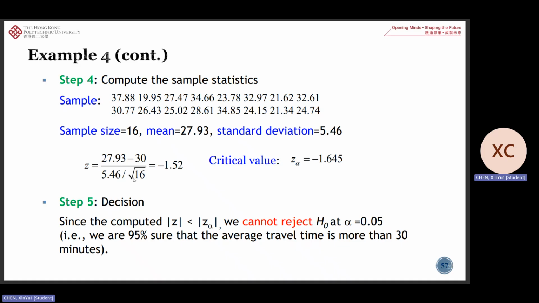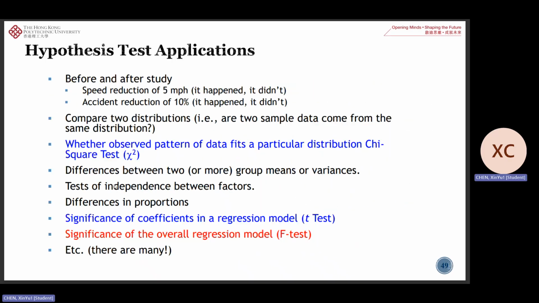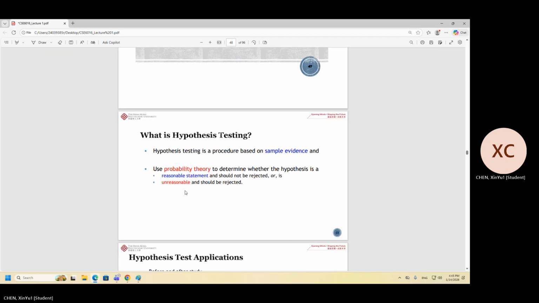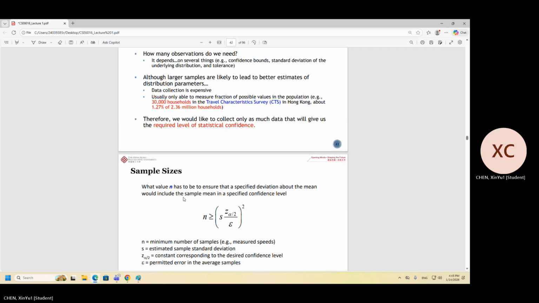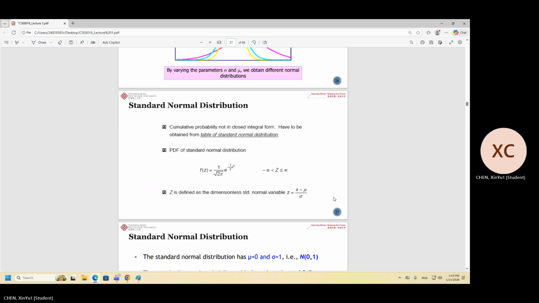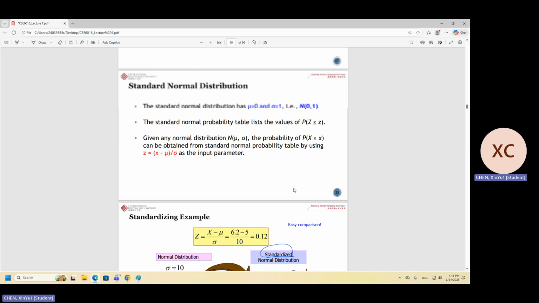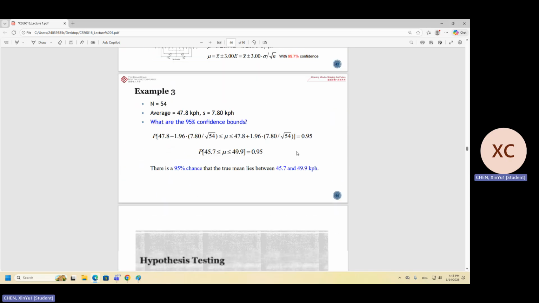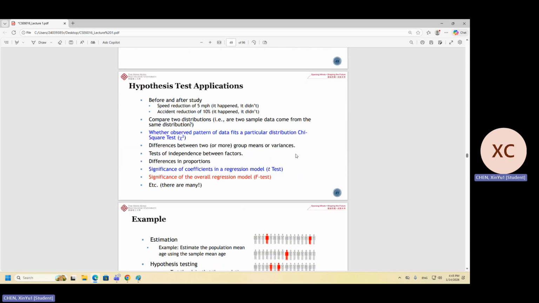This involves the square root of the sample size, and the mean minus the H0 value, divided by the standard deviation. That is the definition of Z.